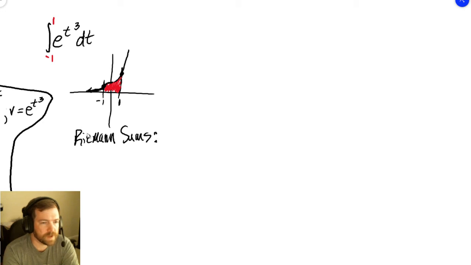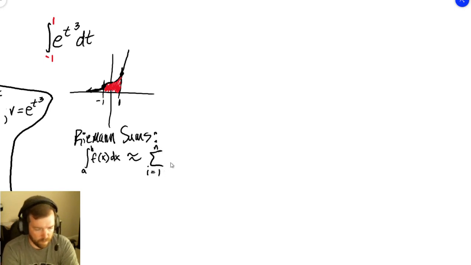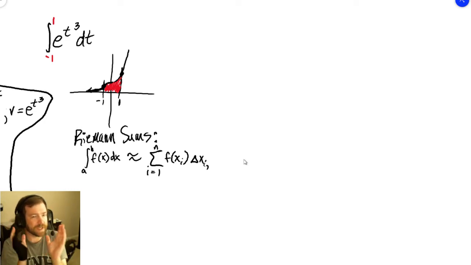In the case of Riemann sums, the integral of some function f of x dx between a and b is going to be approximated by the sum as i goes from 1 to n of f of x sub i times delta x, where technically you could also put delta x sub i, because all of your delta x's don't have to be identical all the way through. It's just much cleaner if they are.